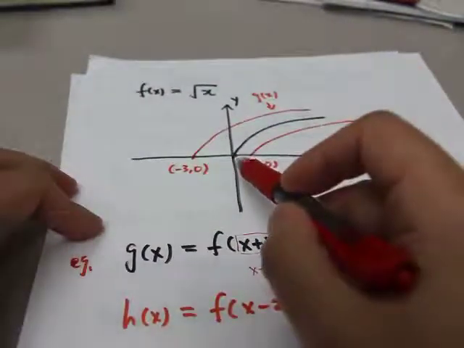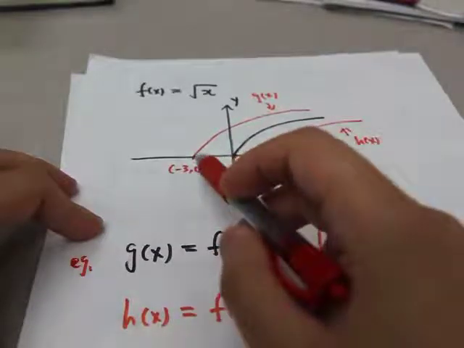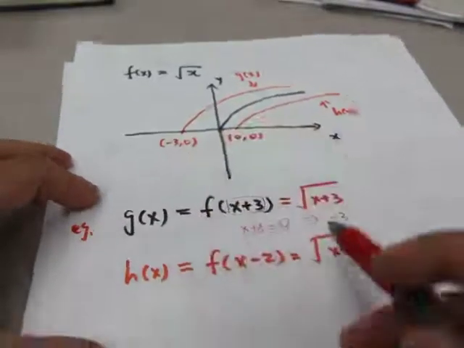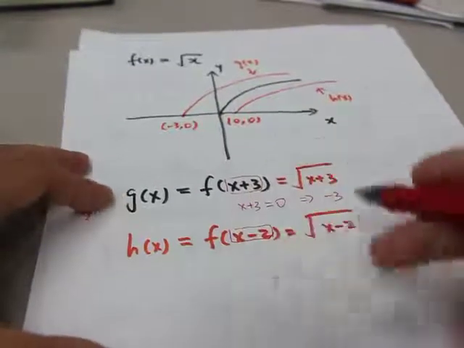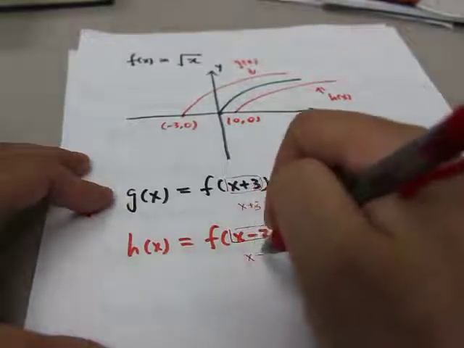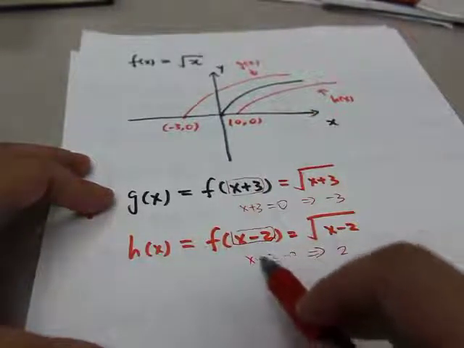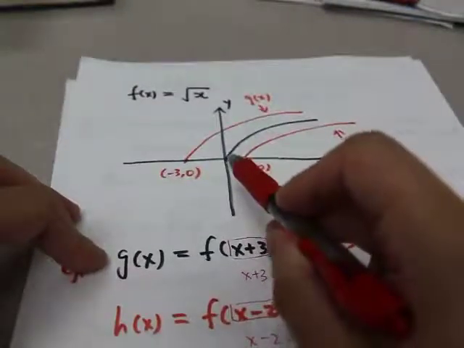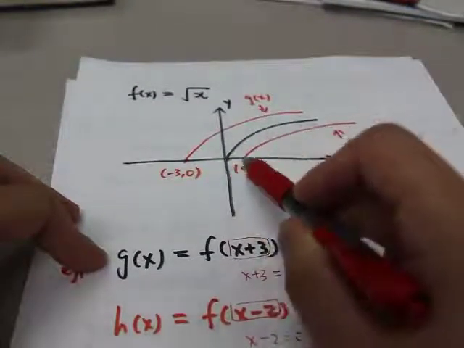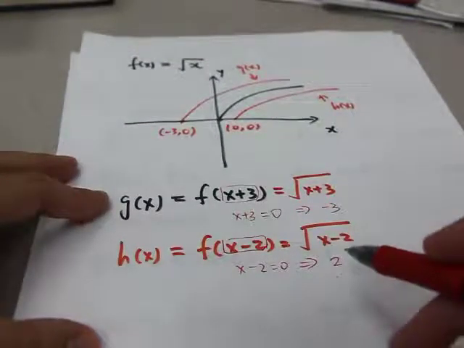So this point will end up at negative 3, 0. And for x minus 2, if you think about the same question, the answer is positive 2. Positive 2 will make this be 0. So that's why here we want to shift the graph to the right, to the positive direction, for 2 units.